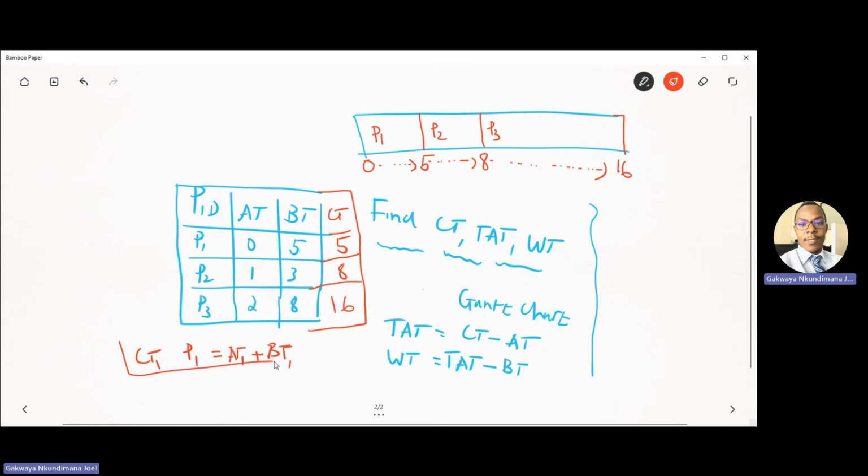This is for process 1 or P1. For P2, you change the number here and do the same. For P2, completion time 2 for process 2 will be equal to completion time 1 plus burst time 2.